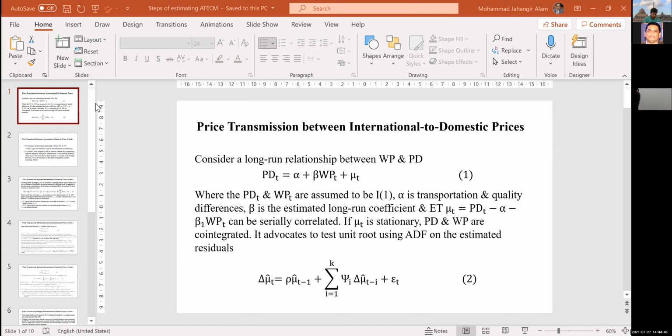Starting with these two data sets, we considered two different ways to test the co-integration. First, we need to know whether they are co-integrated, or whether they don't have any co-integration or long run relationship. But I should say, before going in depth, this is a little bit in-depth econometrics.